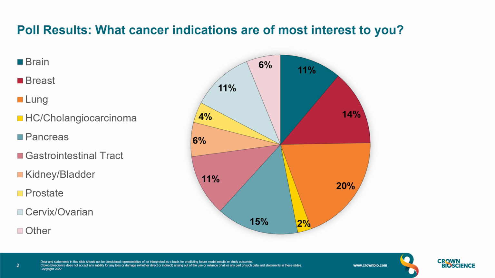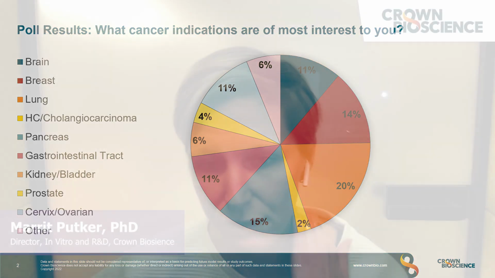We also received questions in our chats afterwards regarding which models we actually have available at Crown and for which assays. It's safe to say for the in vitro platform that we have availability for all of the epithelial tissues.